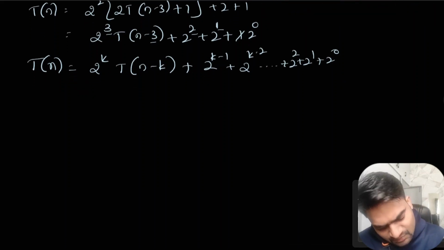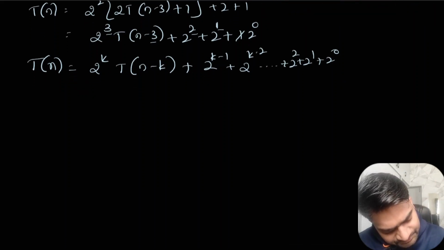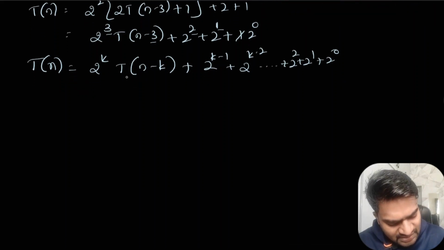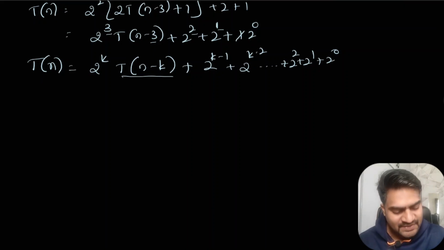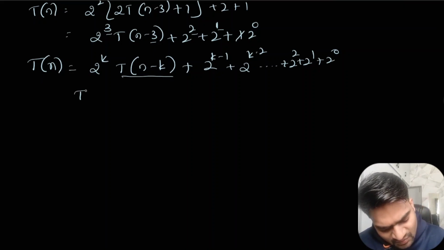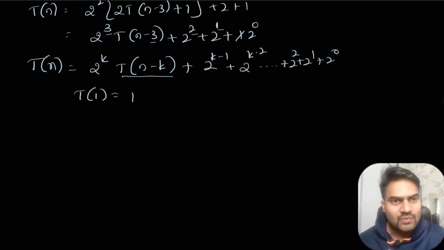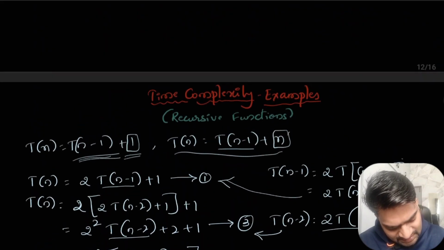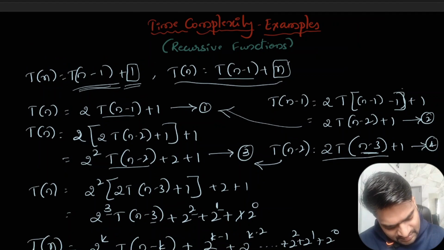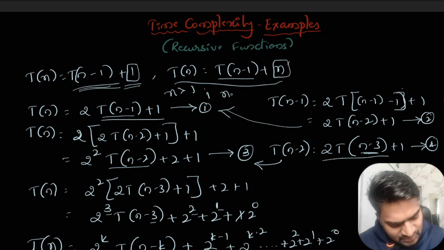Now, if you see the equation, we have T of n minus k. So we know T of 1 equal to 1. Correct, right? I think we have not written that here, but this equation is for n greater than 1 and it is equal to 1 for n equal to 1.